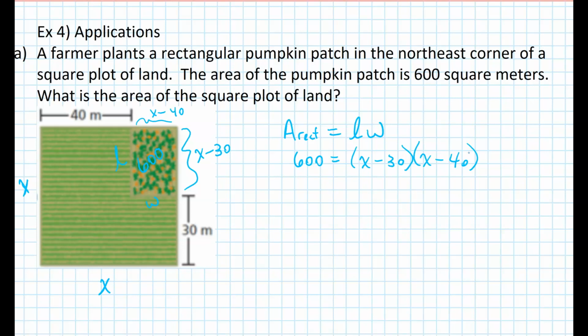I've got that 600 all by itself on one side, so the only way to combine it with my other terms is to distribute these terms out and then collect like terms. So I get 600 is equal to x squared minus 40x minus 30x plus 1200.